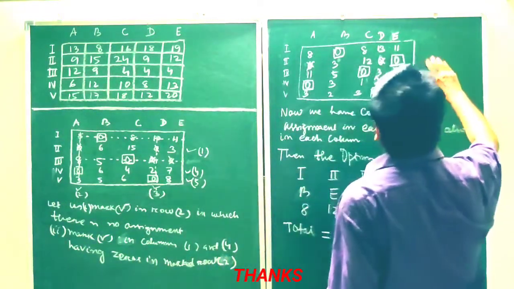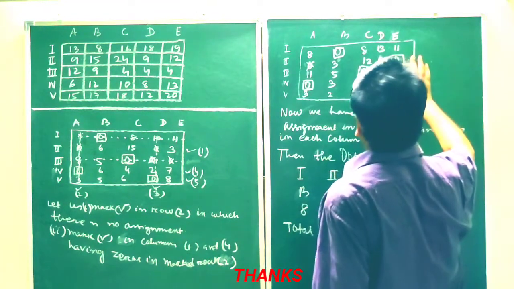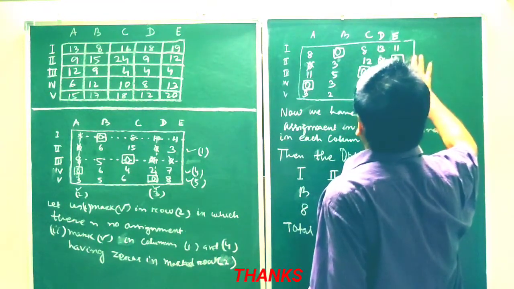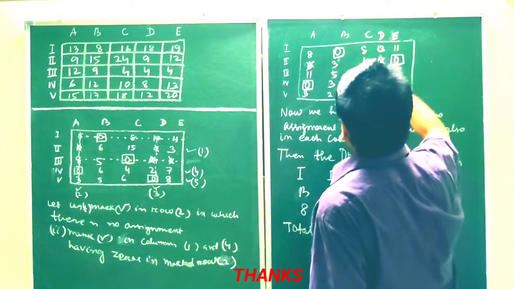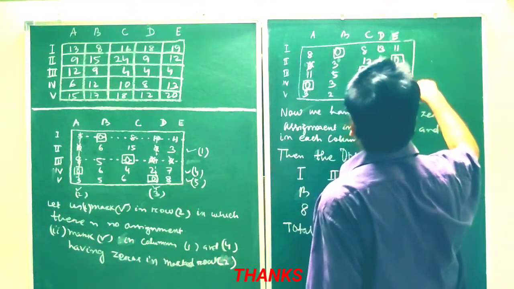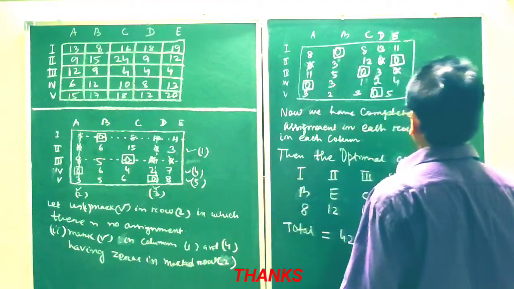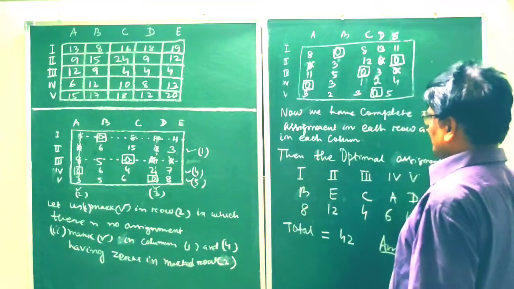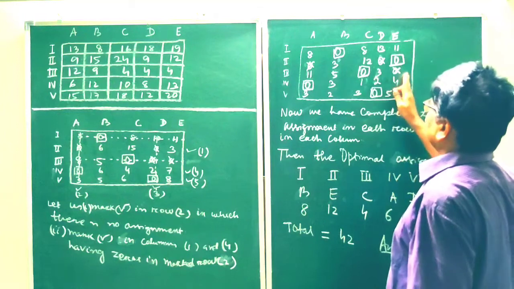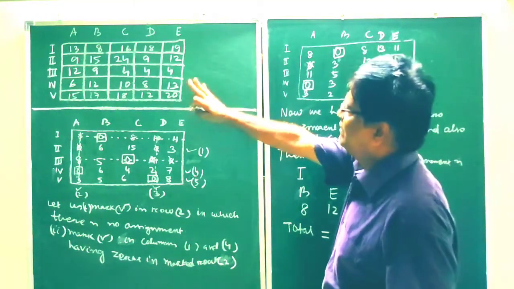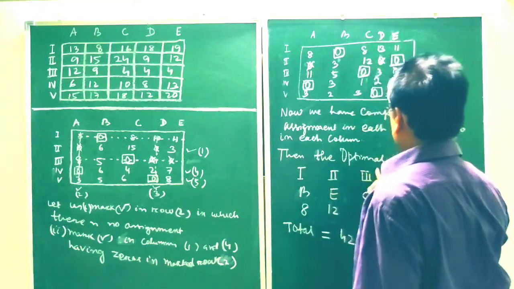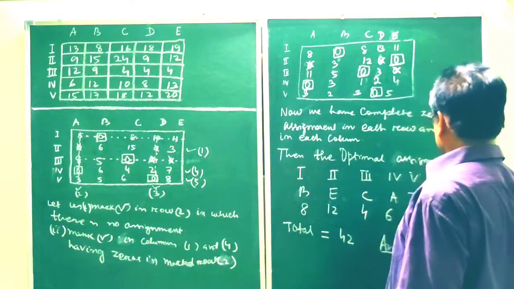So now we are having only 1 0 here. We can have this 0 assignment when we pass through single 0 assignment row wise. So now we are getting a complete 0 assignment in each row and each column. Then we are comparing this matrix with the original given payoff matrix, and we are getting the optimal assignment.